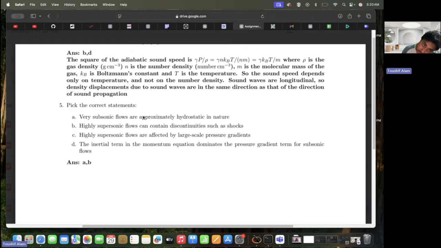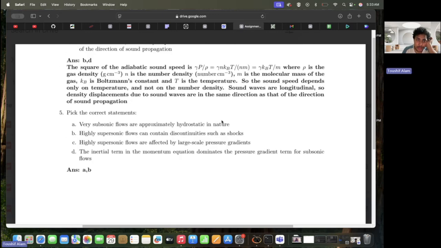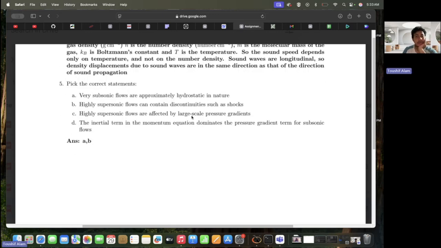Pick the correct statement. Very subsonic flows are approximately hydrostatic in nature. Highly supersonic flows can contain discontinuities such as shocks. Highly supersonic flows are affected by large scale pressure gradients. The inertial term in the momentum equation determines the pressure gradient term for subsonic flow.